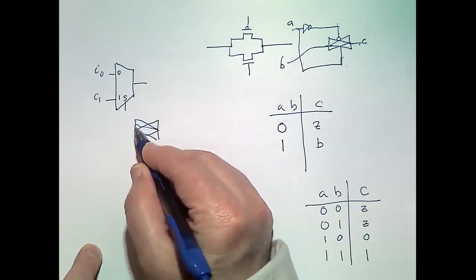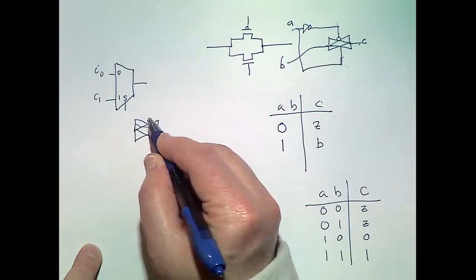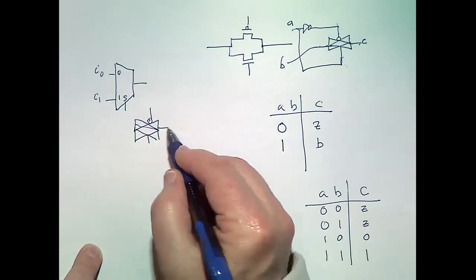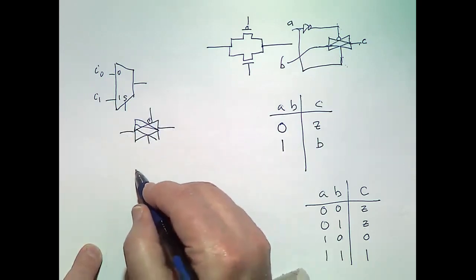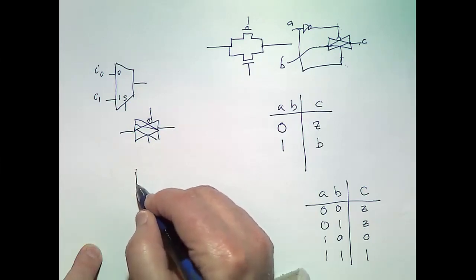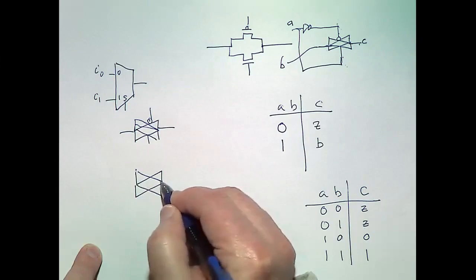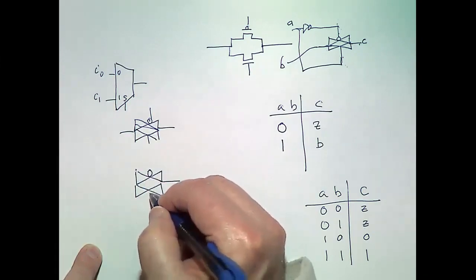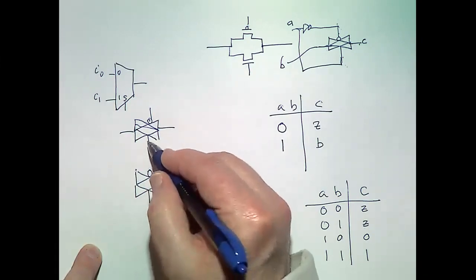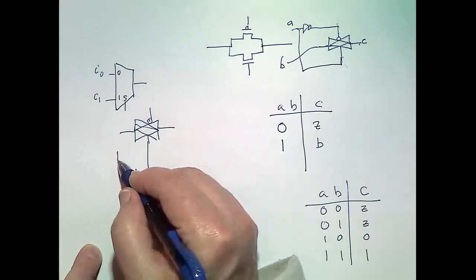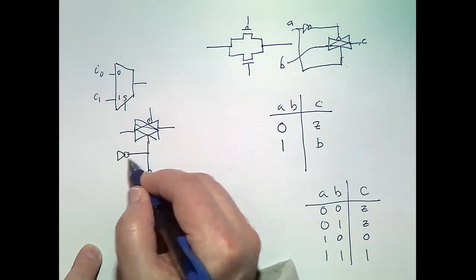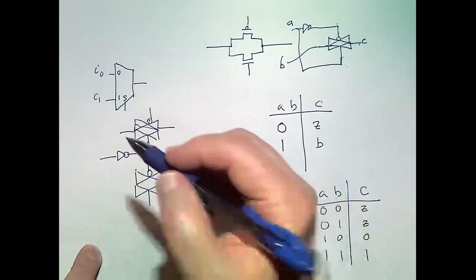We implemented this with 2 transmission gates, and one of them was always conducting. We did something like this, I think.